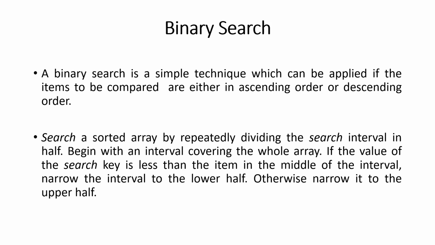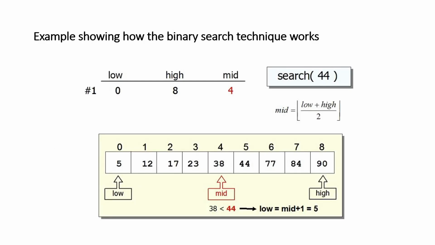Otherwise, narrow it to the upper half. Let us see an example showing how binary search works. Here the elements in the list have indexes 0 to 8, and the elements are 5, 12, 17, and so on. The elements are in sorted order.